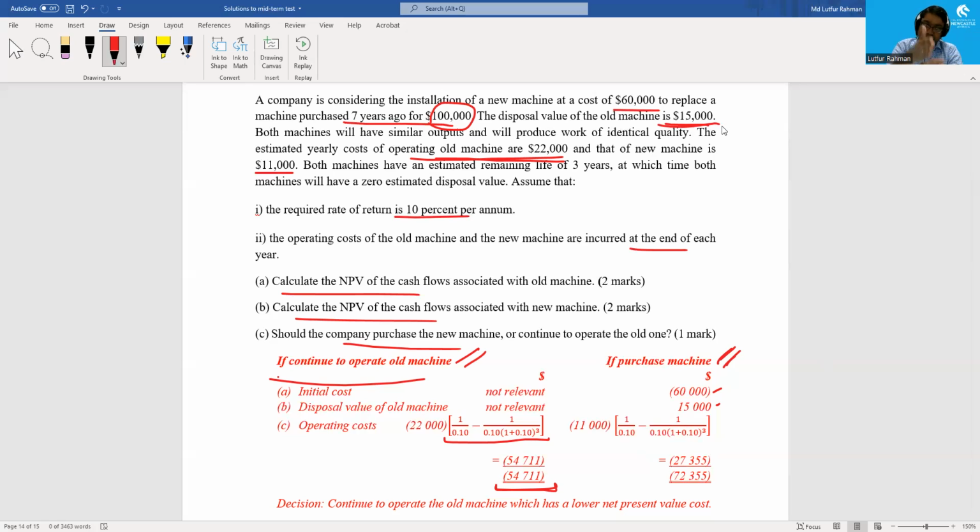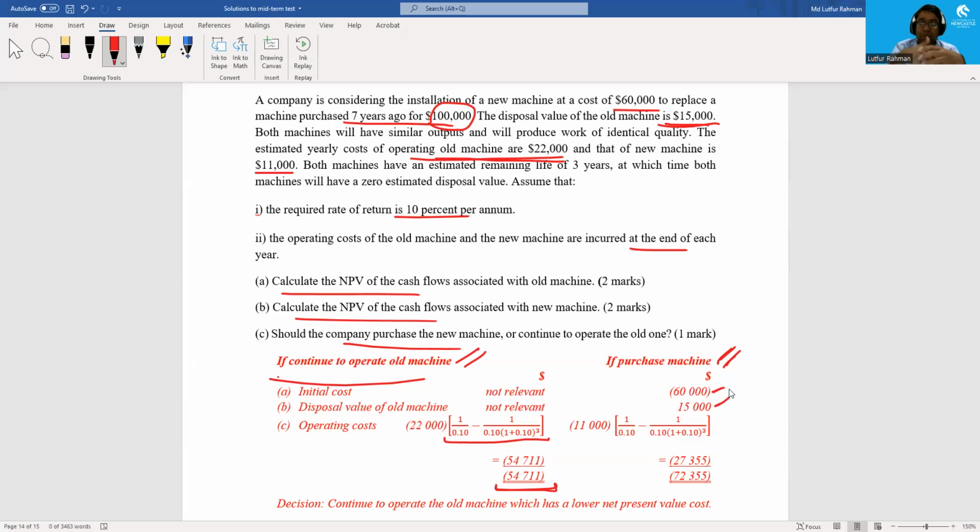If you continue with the old machine for another 3 years, you don't get this disposal value because you do not sell your old machine. So this 15,000 comes when you are considering purchasing the new machine, not when you decide to continue with the old machine. So $60,000 is your investment.